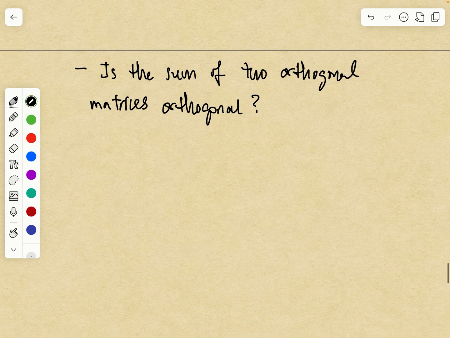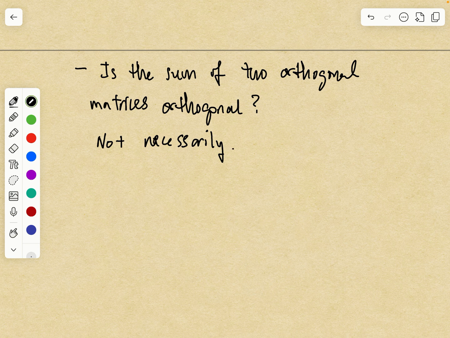Again, think about it, and then we'll go over the answer. Right, the answer is no. And again, when we say no, we mean not necessarily. It may be a coincidence that the sum of two orthogonal matrices is orthogonal, but it's not always true, right? So not necessarily.